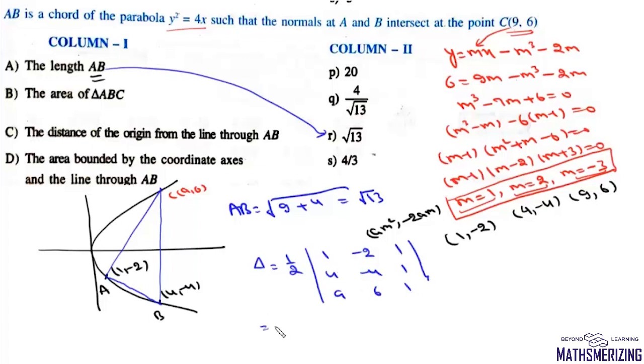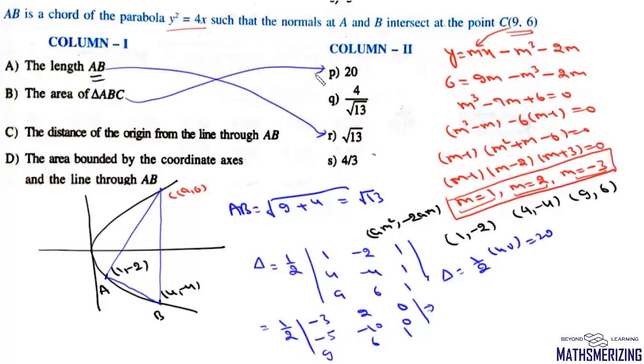So we can write this as 1 by 2 times the determinant with rows (minus 3, plus 2, 0), (minus 5, minus 10, 0), and (9, 6, 1). So we can write this area as 1 by 2 times, 30 plus 10, so that should be 40, and it is 20. So the area of this triangle ABC is simply 20 units. So option B is matched to B.